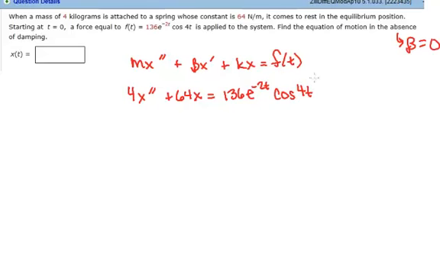So I want to get in standard form, so divide through by 4. So x double prime plus 16x equals, let's see, 4 goes into 136 34 times, and 16 4 times.